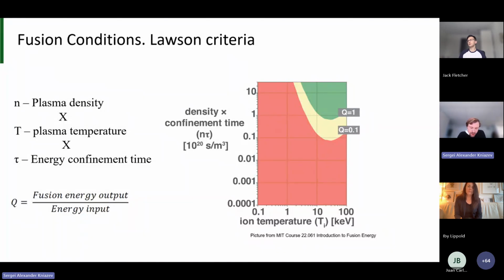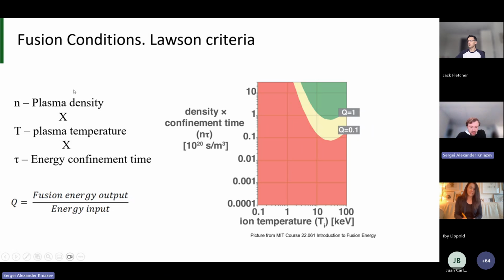So we talked about cross-section, scattering, confinement, and it all comes down to these three main parameters: plasma density n, how many particles are available to collide in the fusion reaction; T, plasma temperature, how fast the particles can move, so how much energy each collision has; and tau, energy confinement time, how long we can keep plasma hot before it loses energy.